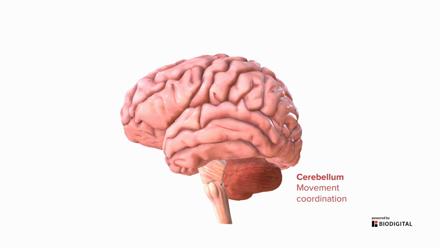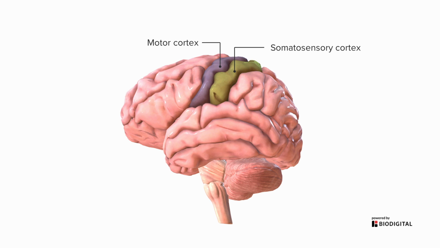Speaking of movements, let's focus in on the motor cortex for a second, as well as its nearby somatosensory cortex. The motor cortex is this gyrus here that is the posterior-most portion of the frontal lobe, and the somatosensory cortex is the anterior-most gyrus of the parietal lobes.